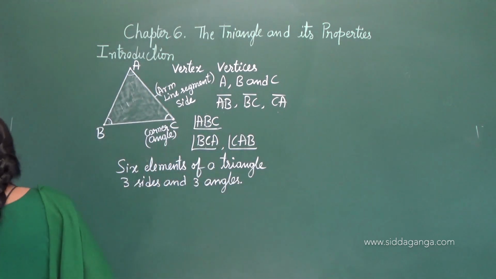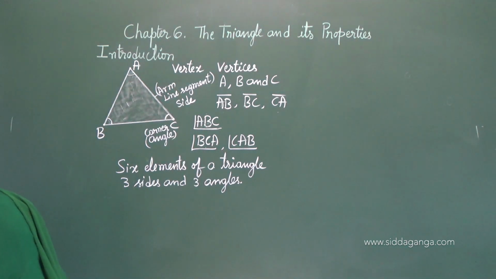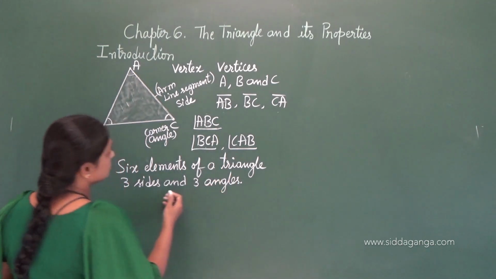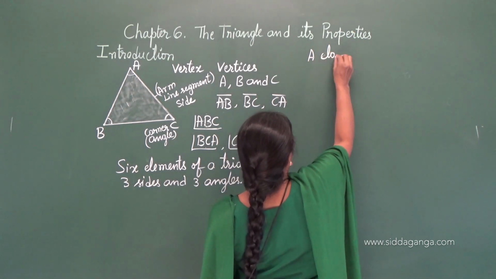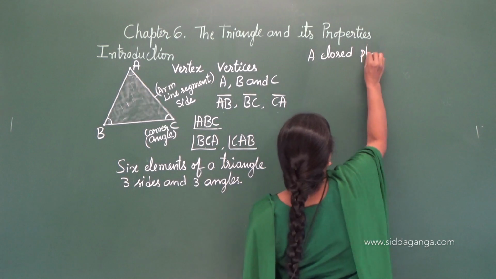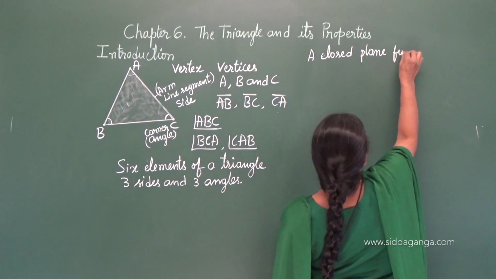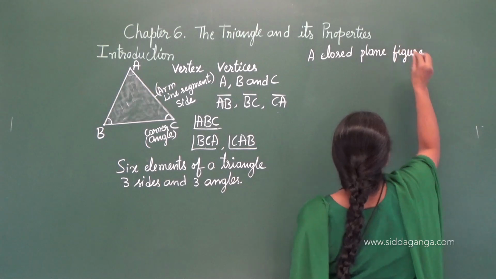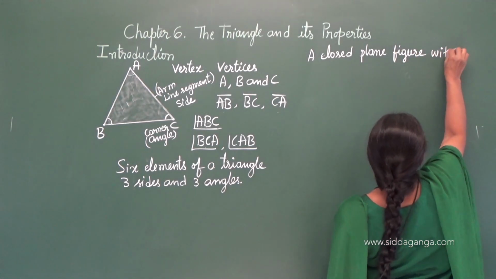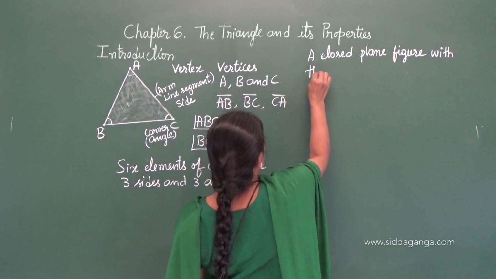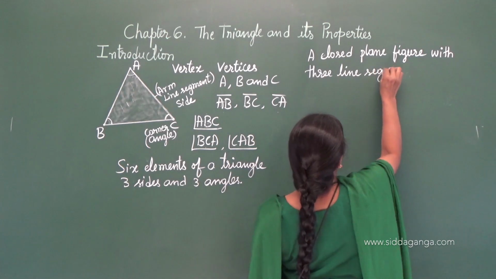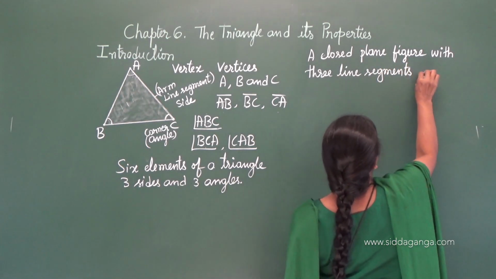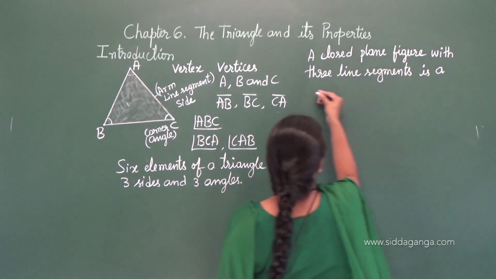Okay, and we can write the definition of a triangle like this: a closed plane figure with 3 line segments is a triangle.